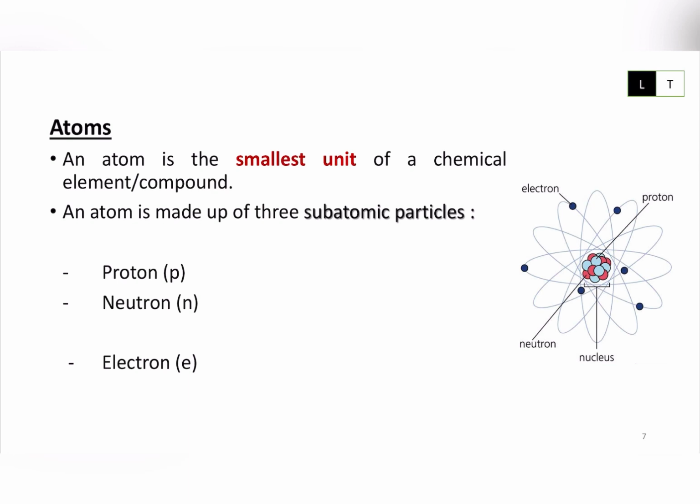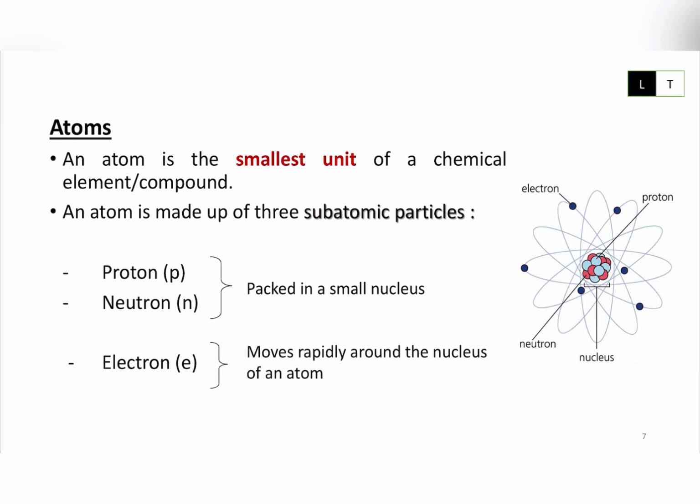For protons and neutrons, both of these are packed in the small nucleus. However, the electron is positioned and moves rapidly around the nucleus of an atom. As you see here, there is the nucleus in the middle, and inside this nucleus, there are neutrons and protons. And outside the nucleus, around it, there are electrons.